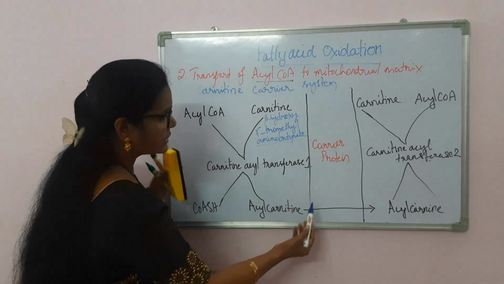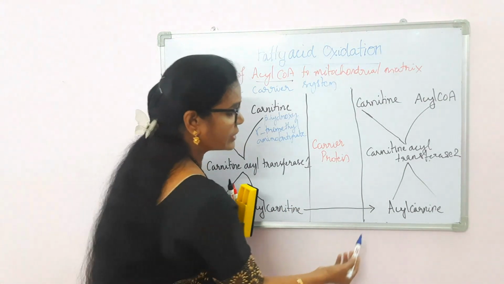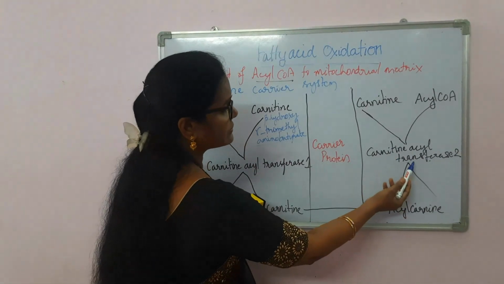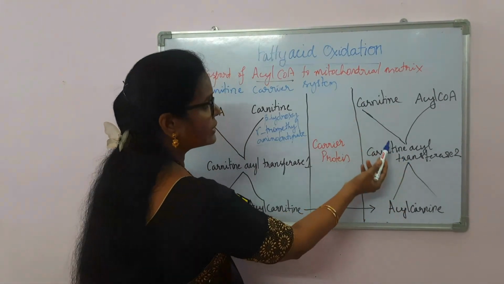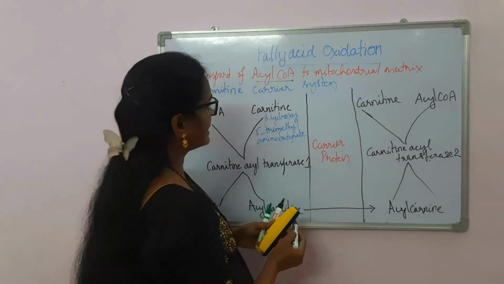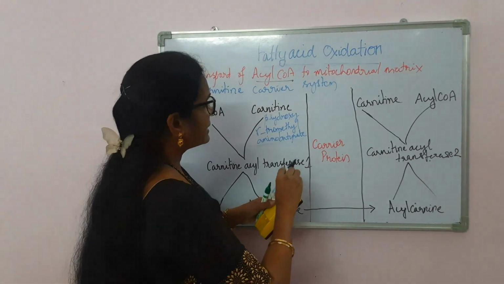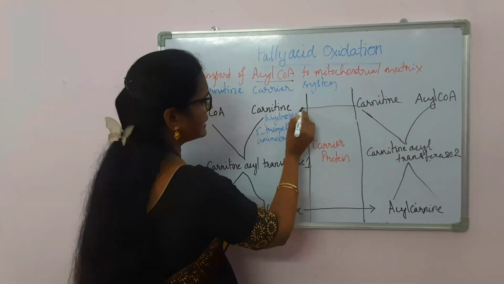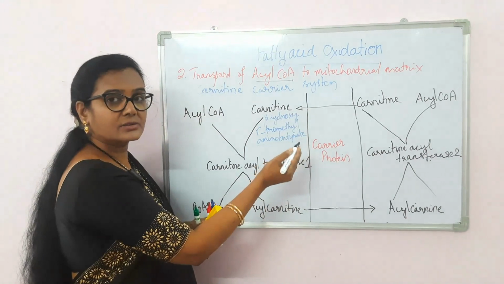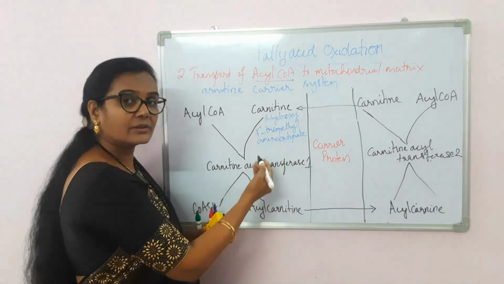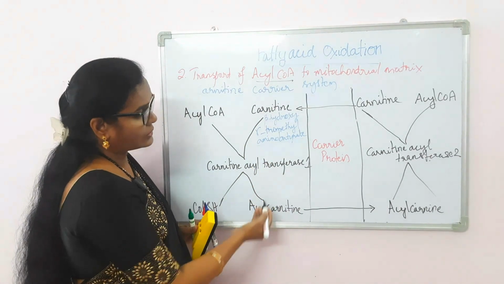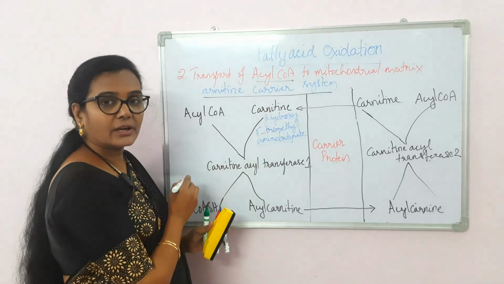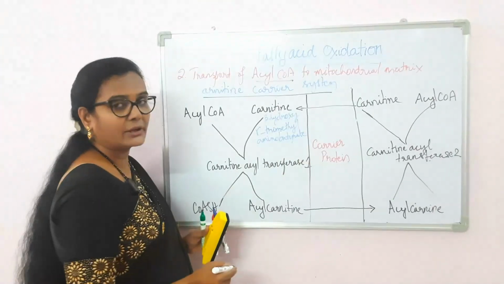And this acyl carnitine, with the help of carrier protein, is going to enter the mitochondrial matrix, and there with the help of carnitine acyl transferase 2 enzyme, this is again going to split into carnitine and acyl CoA. So this carnitine, whatever is regenerated in the mitochondrial matrix, again enters the cytosol and is going to be utilized for the activation of one more fatty acid molecule. So this is the carnitine carrier system for the transport of activated fatty acid from the cytosol to the mitochondrial matrix.